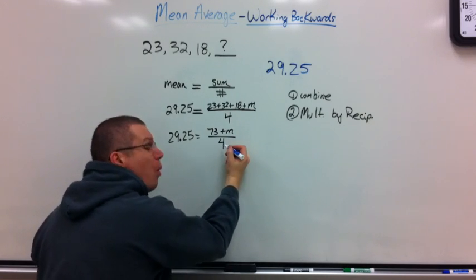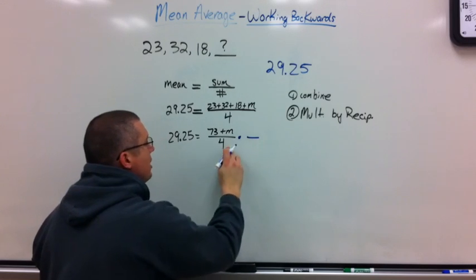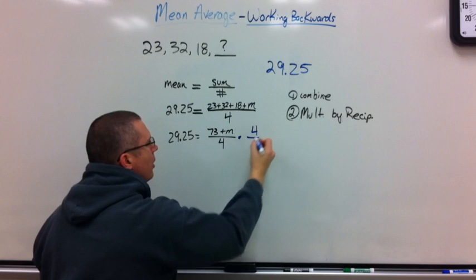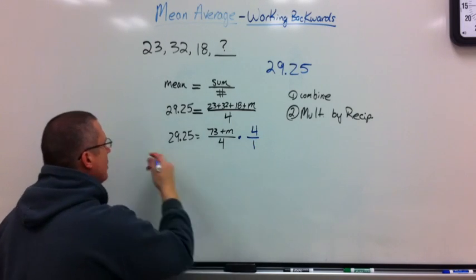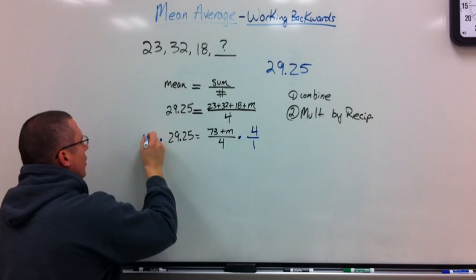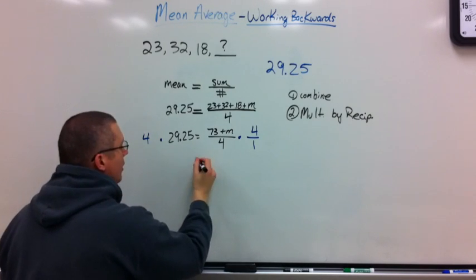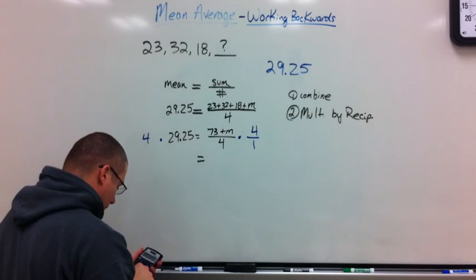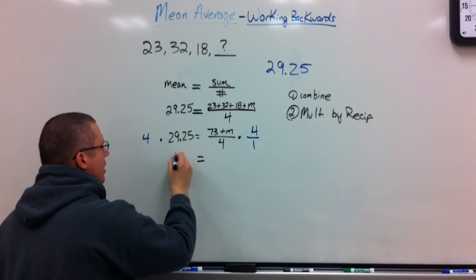So how do I get rid of a 4 that's on the bottom? Multiply by the reciprocal. Where does the other 4 have to go in order to cross them off? It has to go up top. 4 as a fraction is 4 over 1. If I do it to one side, I must do it to the other. 4, or 4 over 1, doesn't matter how you write it on that side, equals. Take this side, 29.25 times 4, and I get 117.